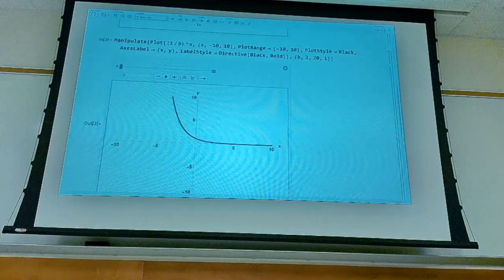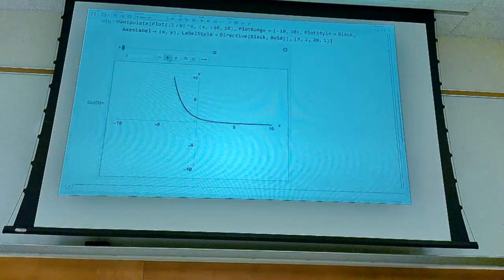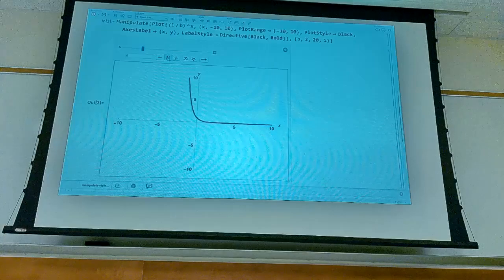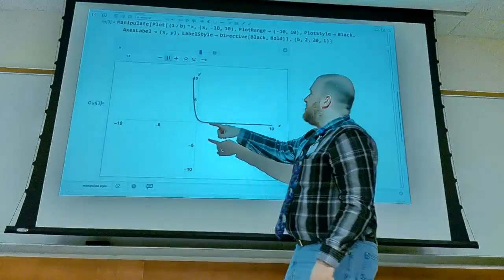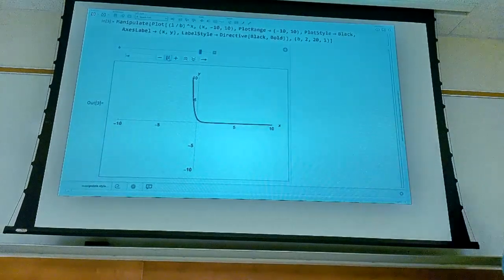So let's see what happens as we let b increase, which means the 1 over b is getting smaller. Same thing, except it just reflected. Again, it paused. Why did it pause?